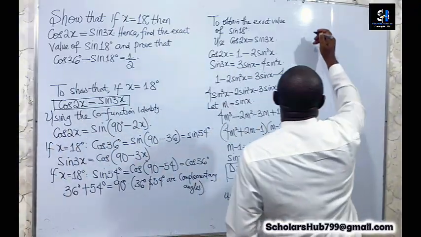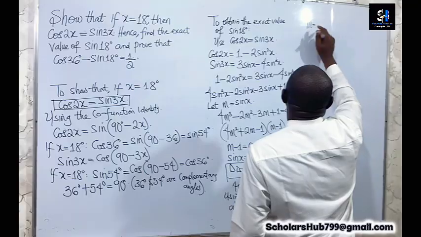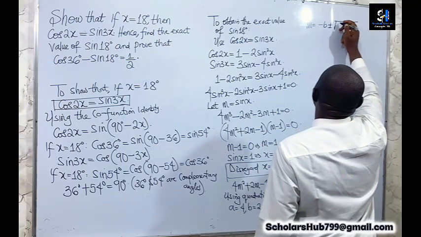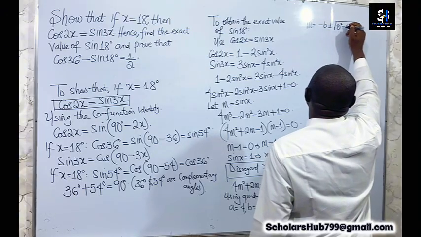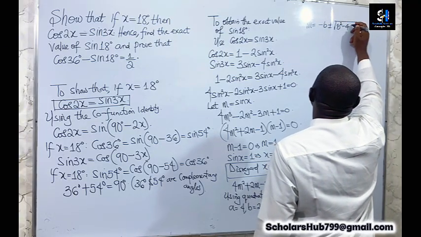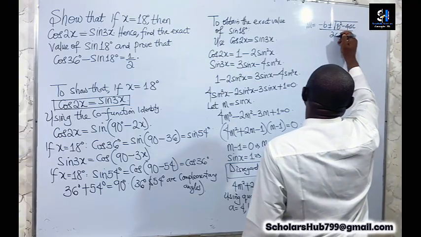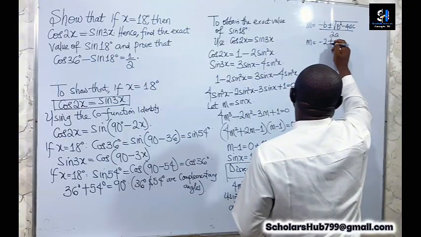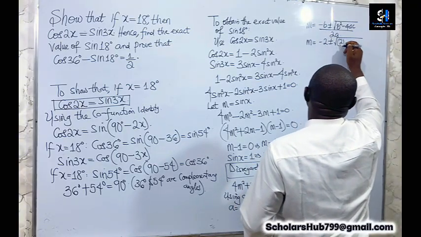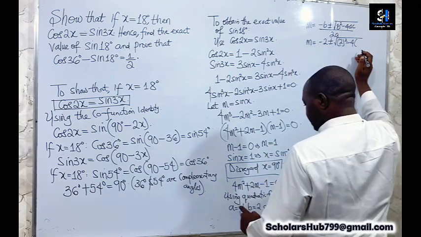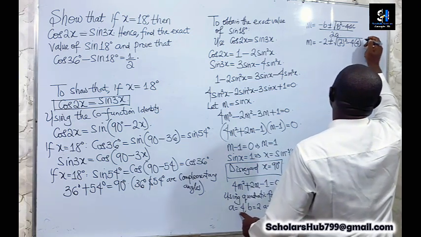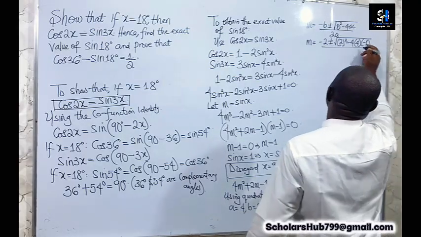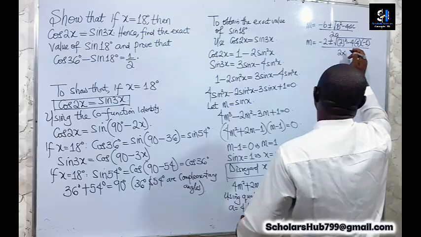So if we use the formula m equals negative b plus or minus square root of b squared minus 4ac, divided by 2a.